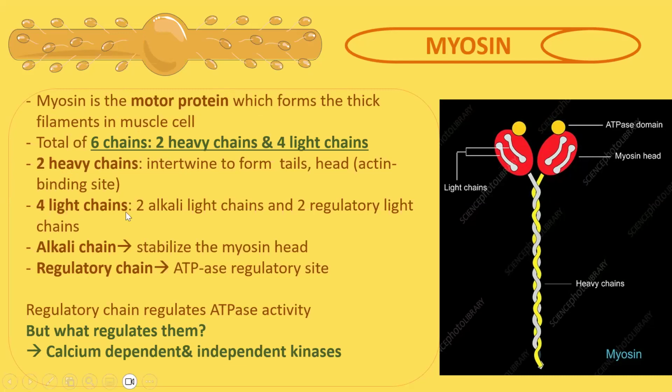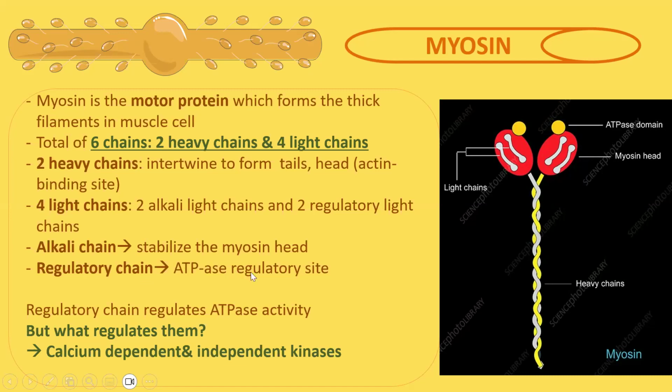The 4 light chains are divided into 2 sub chains. So 2 alkali chains, and alkali, from the name, like neutralizes, stabilizes, moderates. So the alkali chain stabilizes the myosin head. Another light chain is called the regulatory chain. What does it regulate?